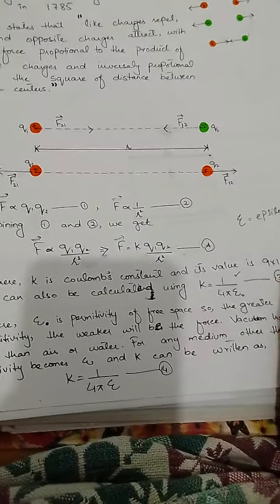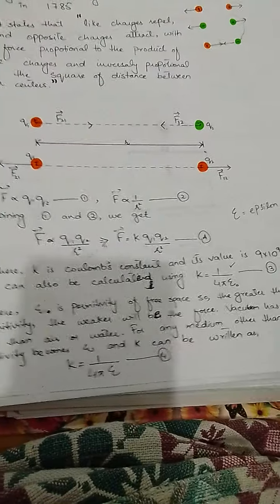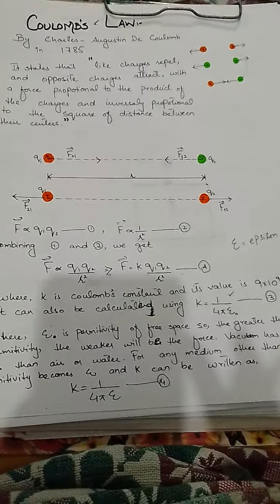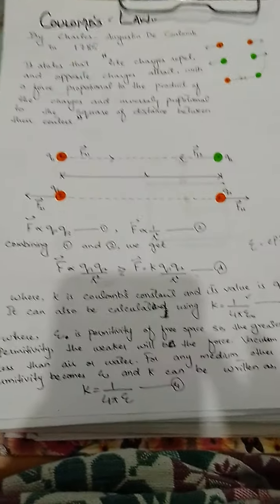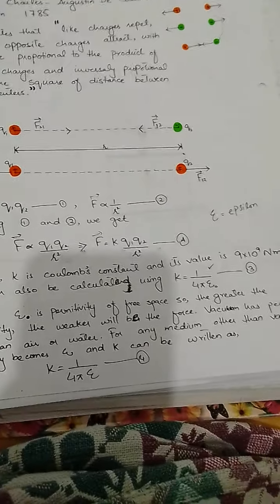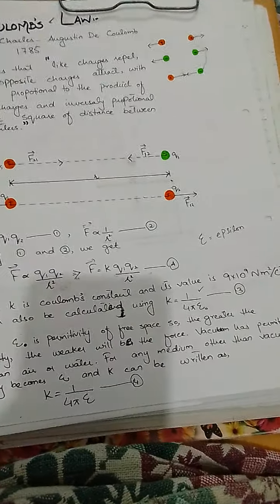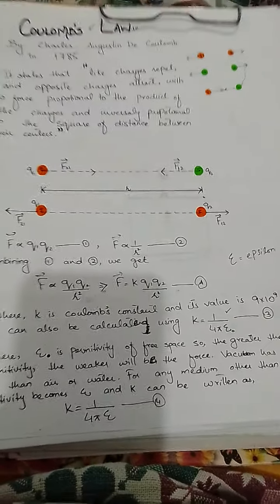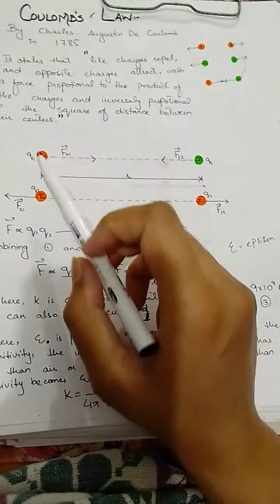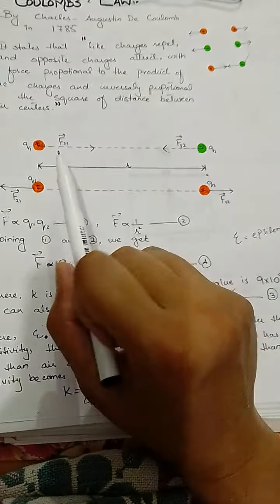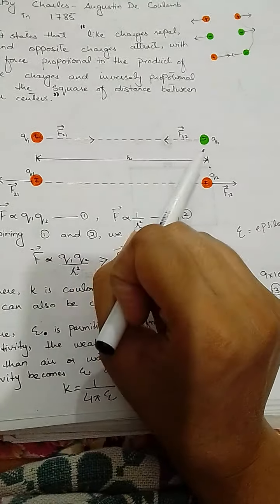Always note that there are some points to be noted over here. First thing is, Coulomb's law is applicable to charges which are very small in size. The charges which are very small in size, we call them point charges, because they are very small as compared to the distance between their centers.